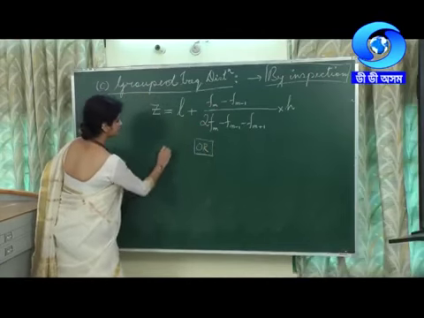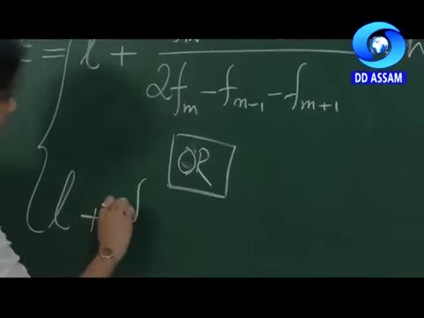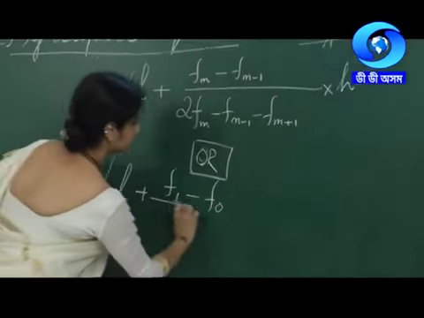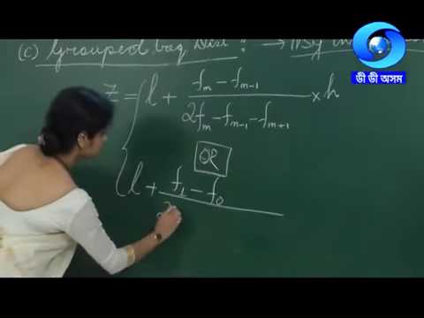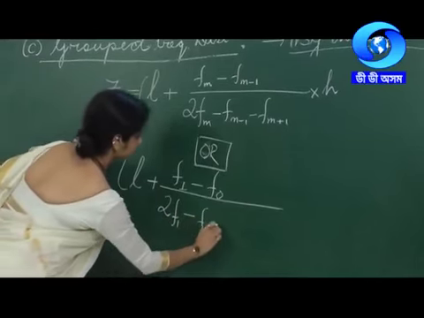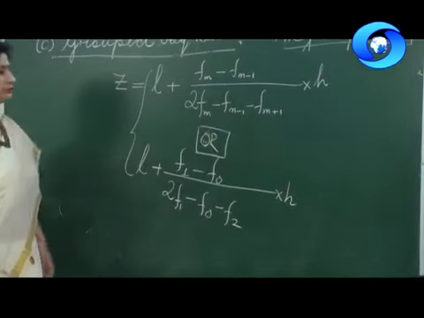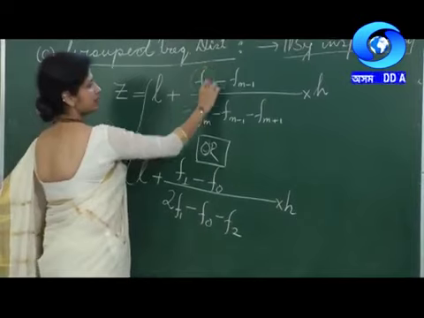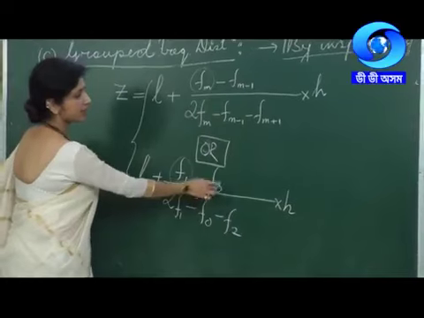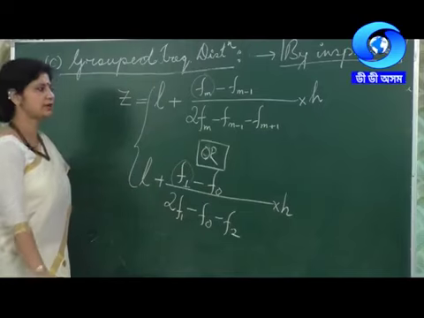You can also write it as Z equal to L plus (F1 minus F0) by (twice F1 minus F0 minus F2) into H. Where Fm and F1 have the same implication, Fm minus 1 and F0 have the same implication, and F2 and Fm plus 1 have the same implication.